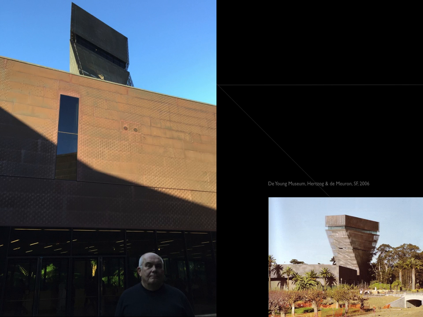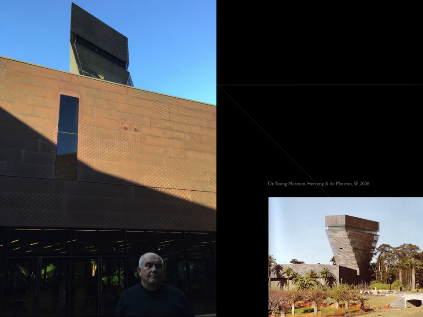It's the Young Museum by Herzog & de Meuron in San Francisco. This was done 10 years ago. The building is somewhat formal and conventional as far as galleries go. And so is the structure, but the cladding is very original and innovative.